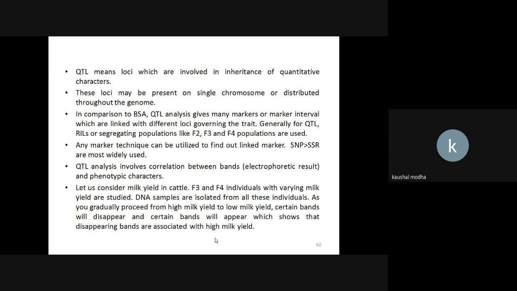I will also give you the paper on bulk segregant analysis by Michelmore. I will mail you that paper. You go through it and try to read two to three papers on QTL analysis by foreign authors, so you will get more idea about QTL analysis, what is done, and how the data are represented in the paper.